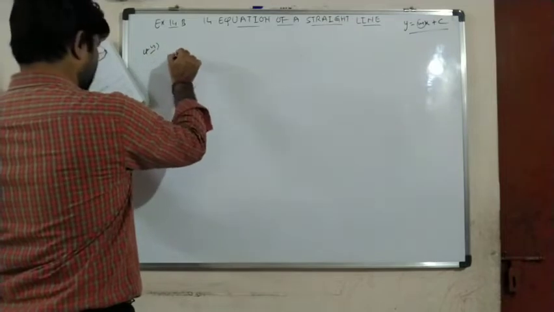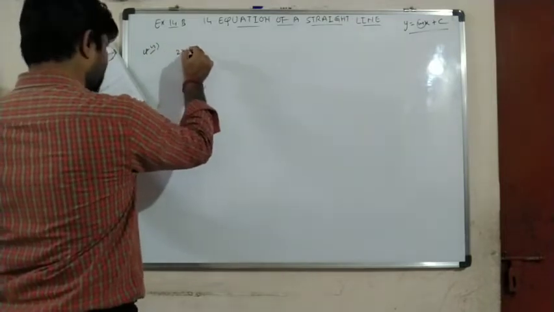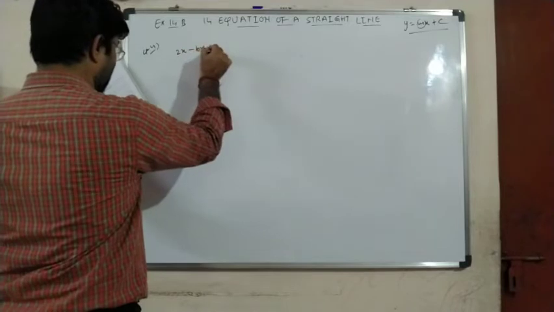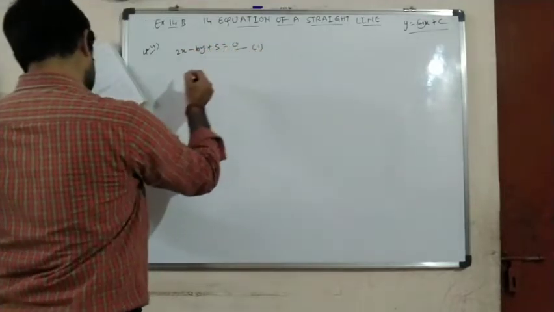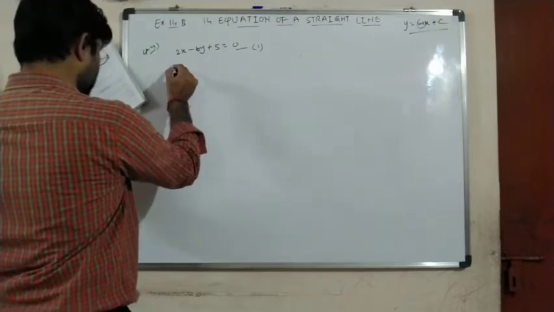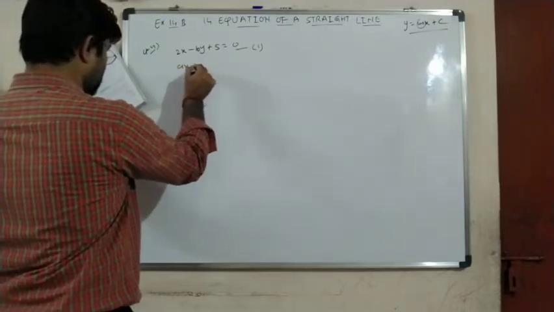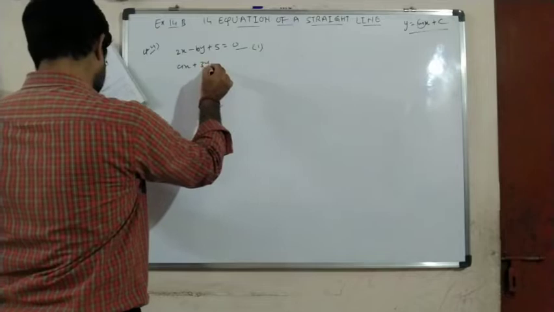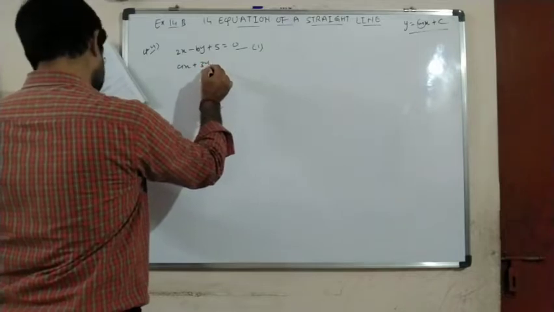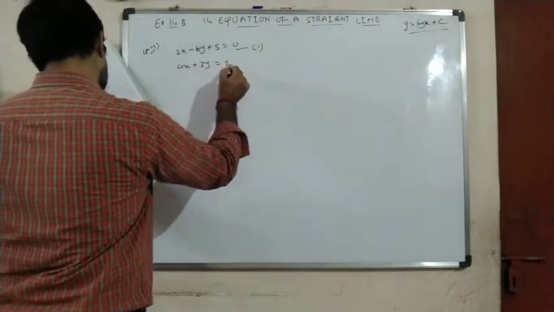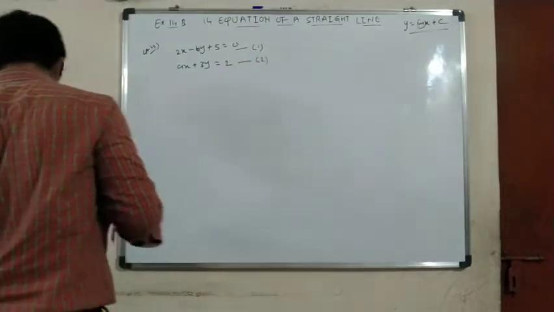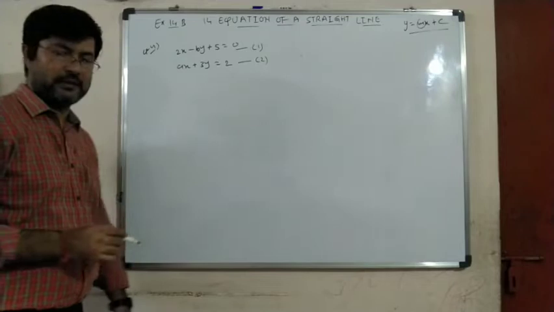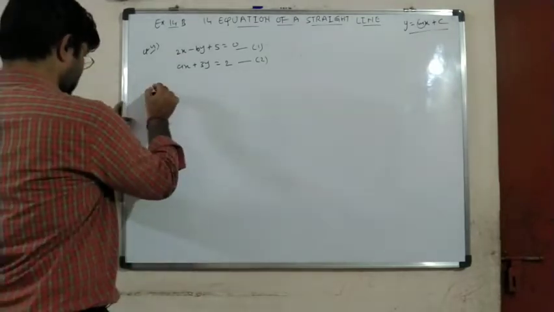We are given the equations of two lines: 2x minus by plus 5 is equal to 0, number 1, and another one is ax plus 3y is equal to 2. Okay, this is line number 2. It is given that the given lines are parallel, yes or no?